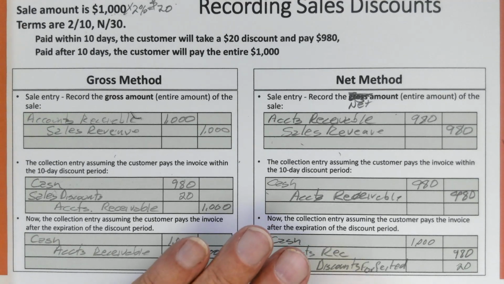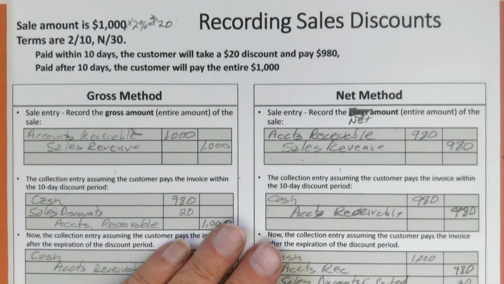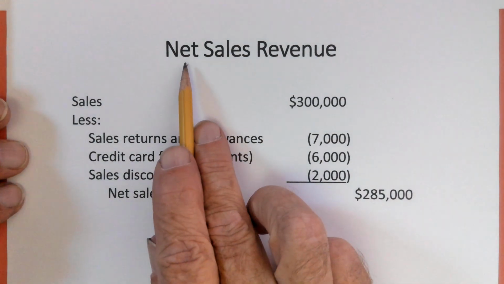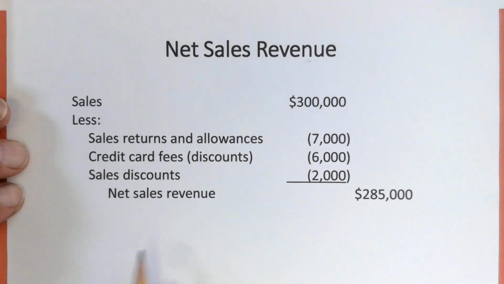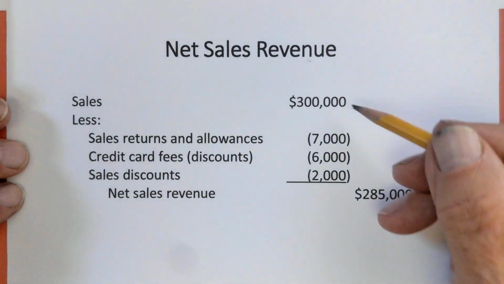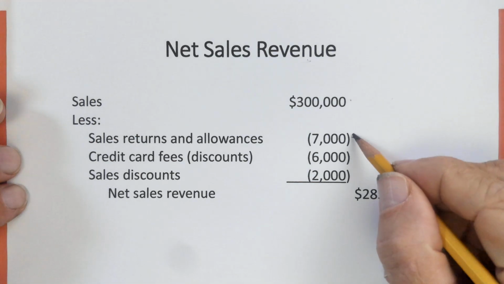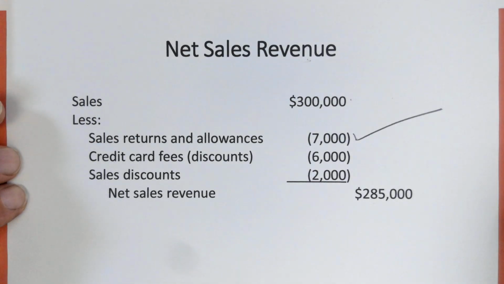So just to recap this then, we've got our net sales revenue, which would be sales less the sales returns and allowances, and we've talked about this and shown the accounting for that, so you should be pretty well versed with that.